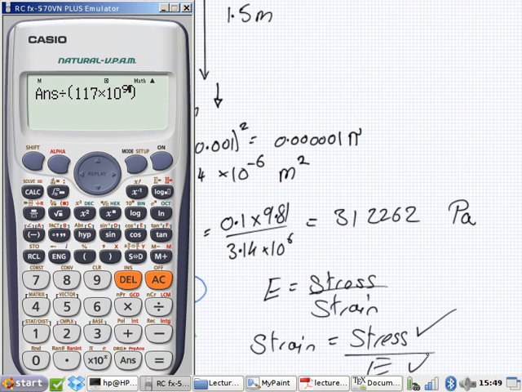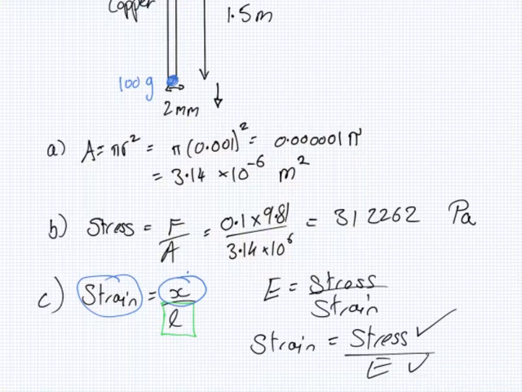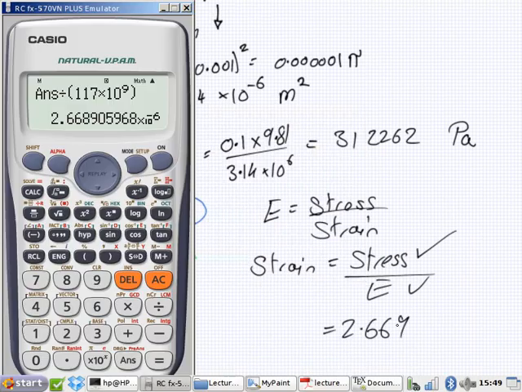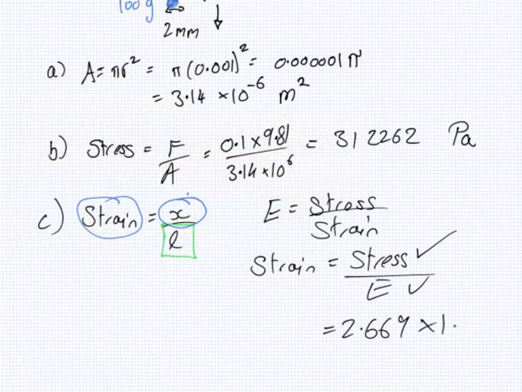So the strain is 2.669 times 10 to the minus 6. No units. Okay so far?